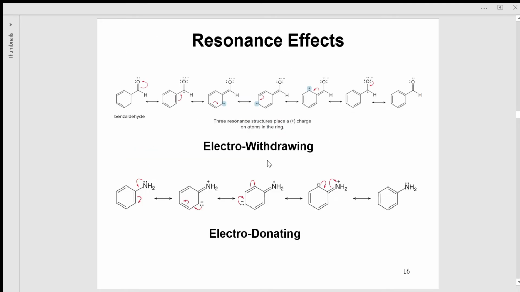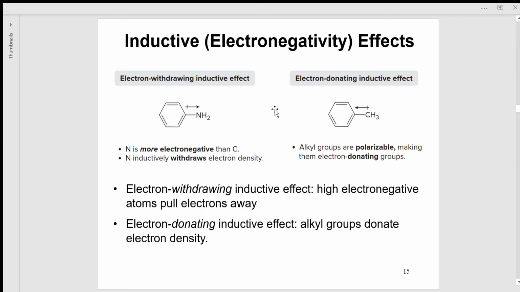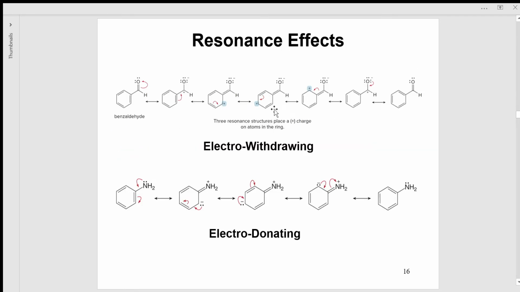The second effect we want to know is the resonance effect. The good news for you is that we have only 2 effects: the inductive effect, which is the electronegativity, or the resonance effect.